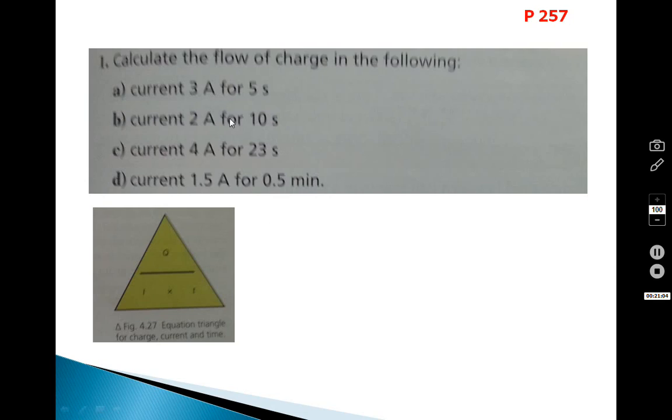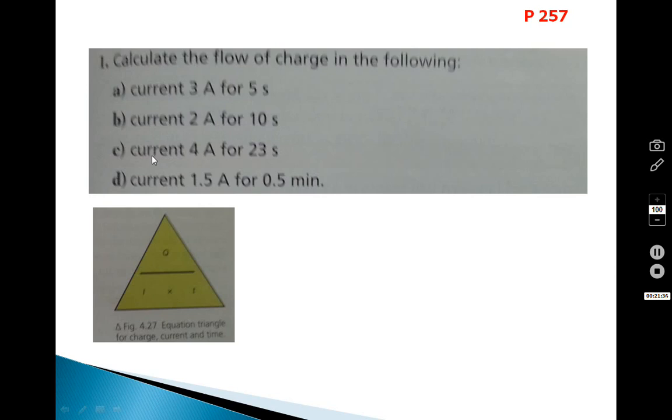We have question number 1. Question number 1 says, calculate the flow of charge in the following: A, B, C, and D. We need to find the flow of charge. If we have a current of 3 ampere for 5 seconds, then again we will find the flow of charge of current 2 ampere for 10 seconds.